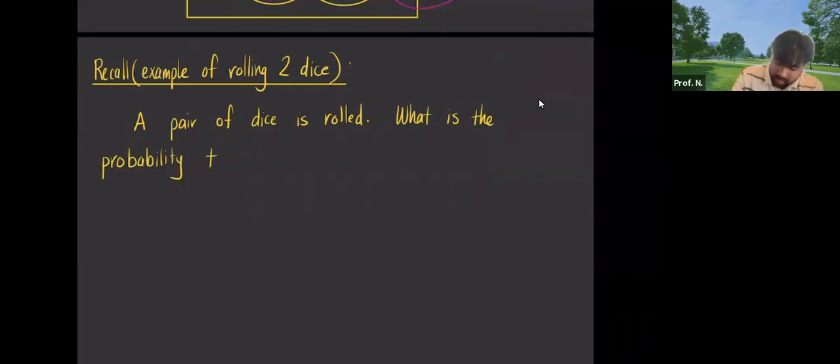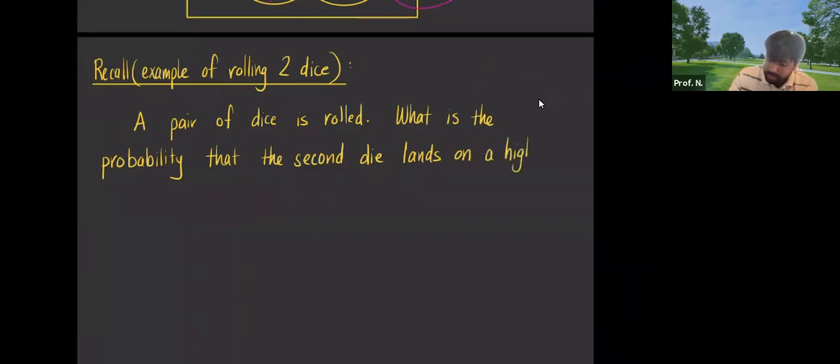that the second die lands on a higher value than the first?